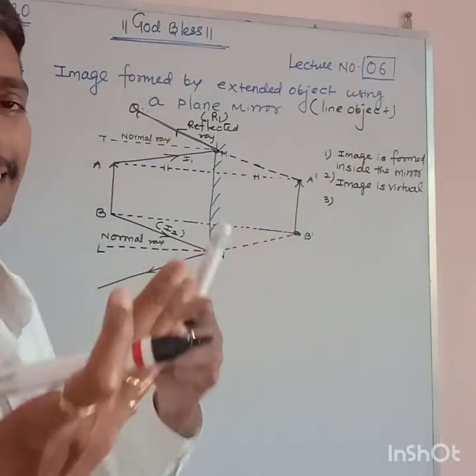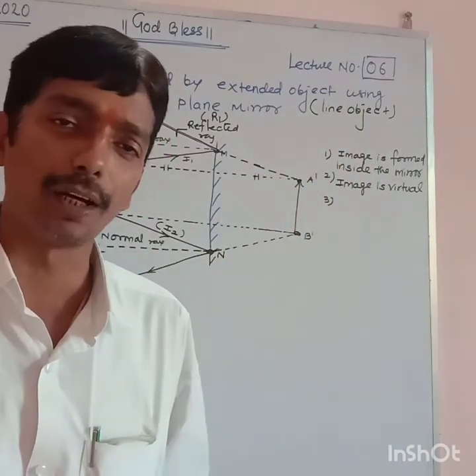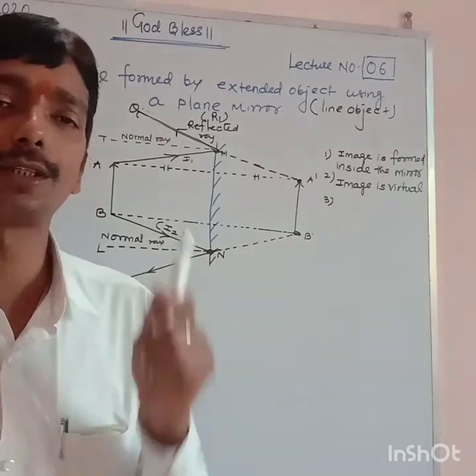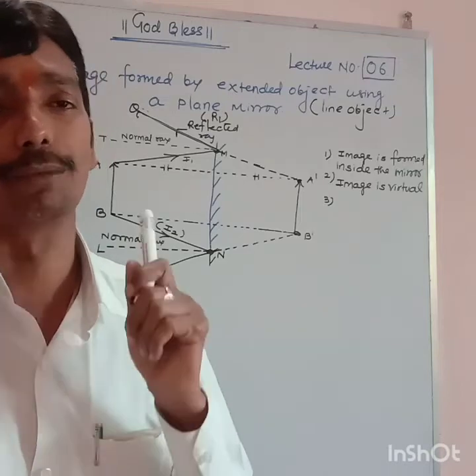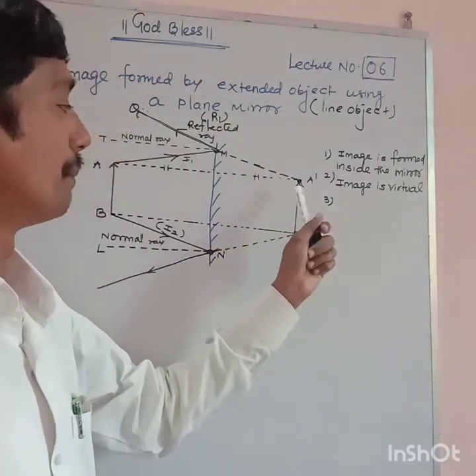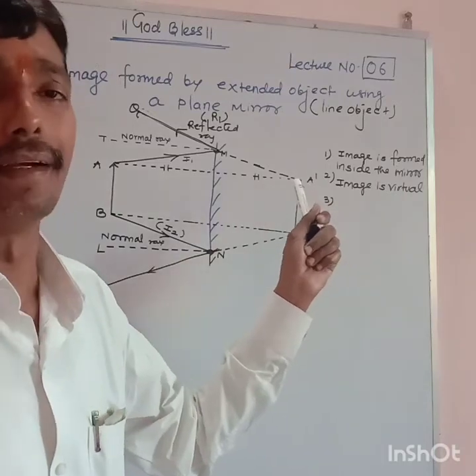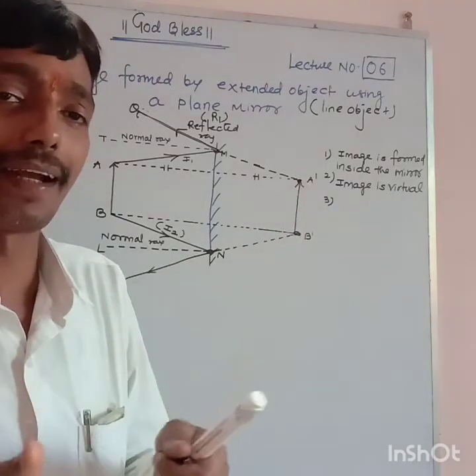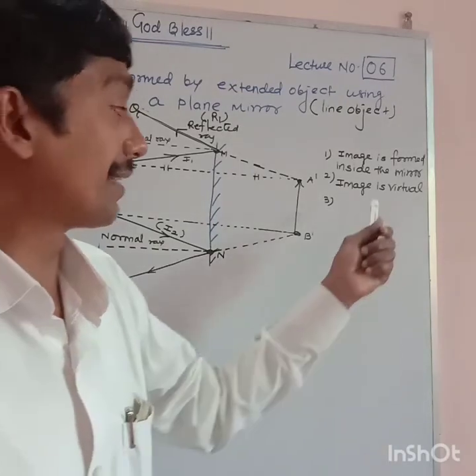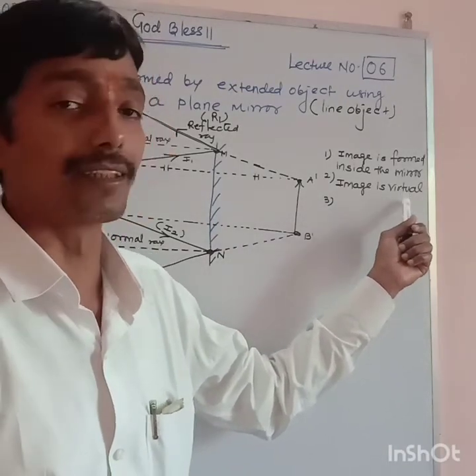It doesn't make a difference whether the object is a point object or an extended object. The image by a plane mirror is always virtual, one and only one, because any image in the mirror is not actually meeting. We are making it meet at a point inside the mirror. That's not a real one, and therefore the image is virtual.